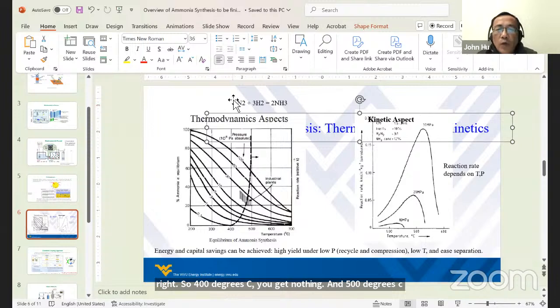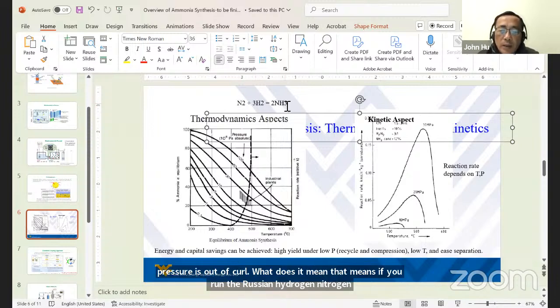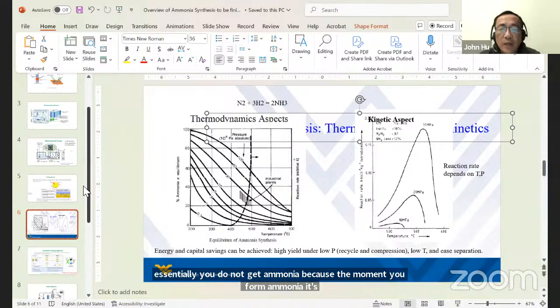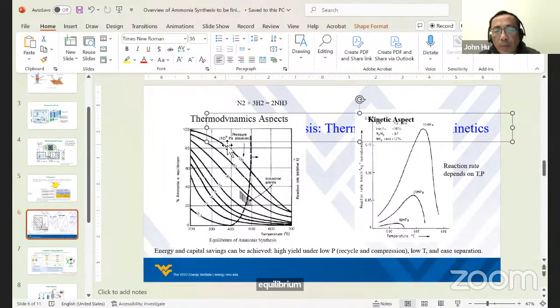If you run the reaction with hydrogen and nitrogen at ambient pressure and 500 degrees C, essentially you do not get ammonia, because the moment you form ammonia, the equilibrium moves to the left. So you really need to go to high pressure. The higher, the better, to get a higher concentration of ammonia. In ammonia synthesis, you do need high concentration because you need to do separation, compression, and recycle.